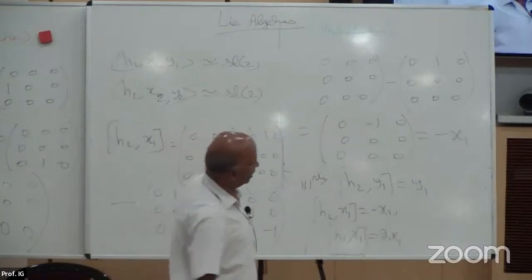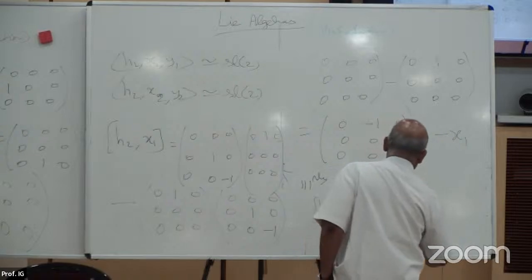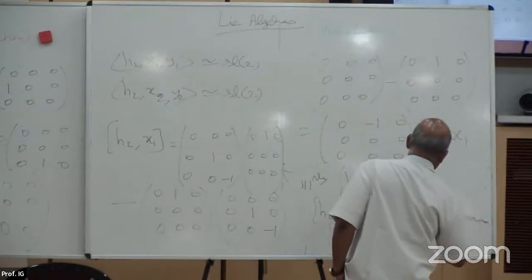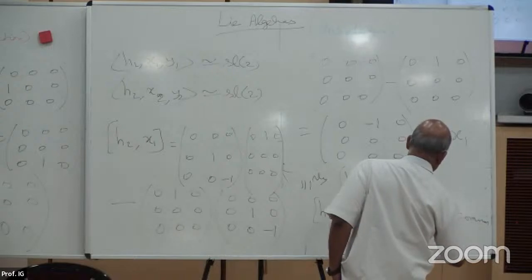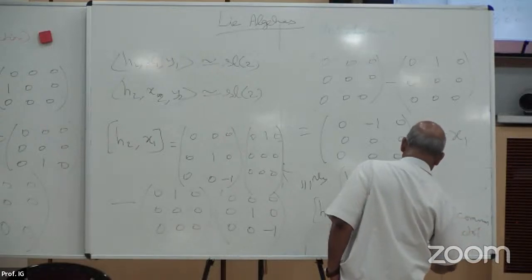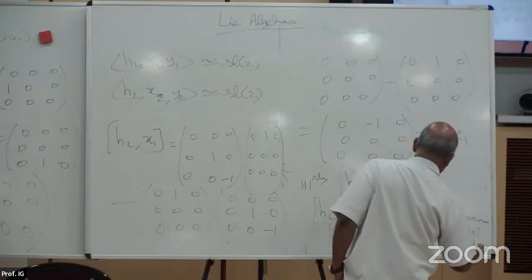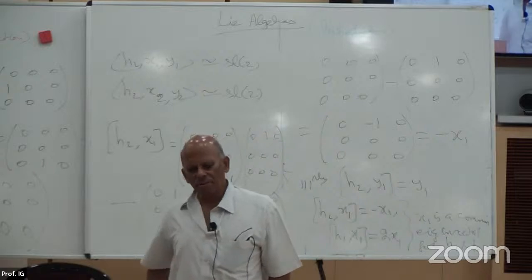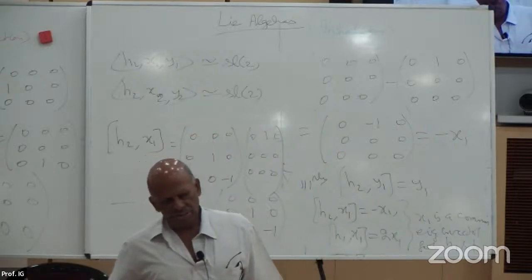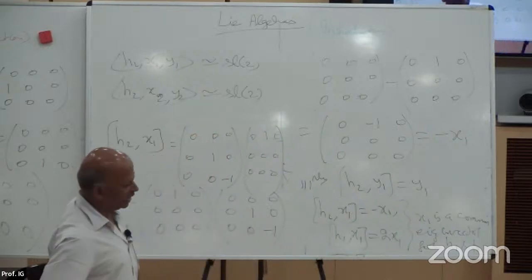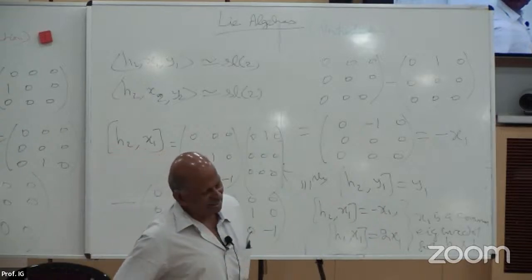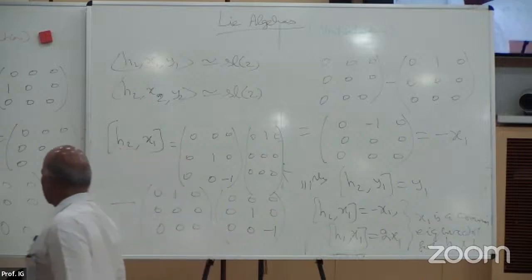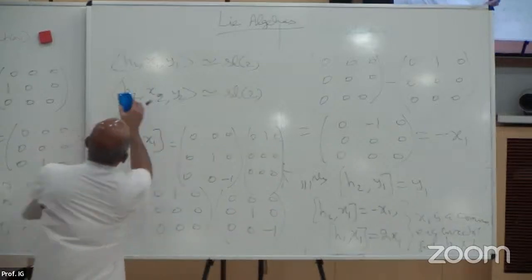So X1 is a common eigenvector for H1 and H2. So this is the one I was discussing earlier. When we have a common eigenvector for two linear transformations, we can get a linear functional out of it. And this eigenvector corresponds to a linear functional. What is that linear functional now?